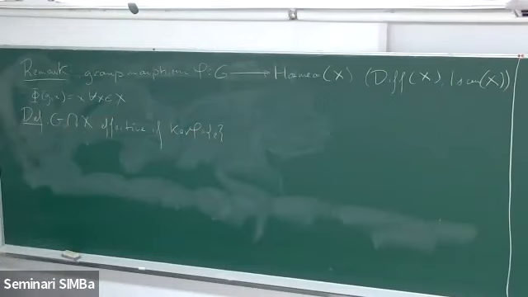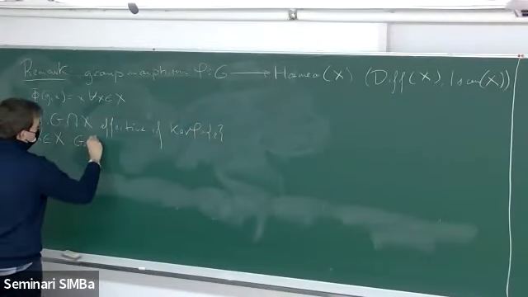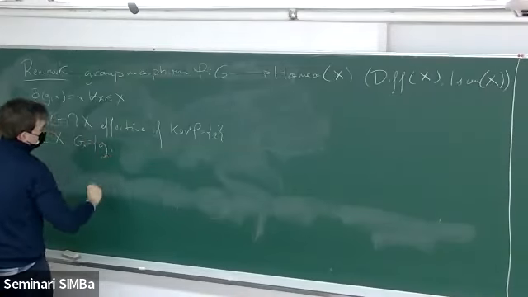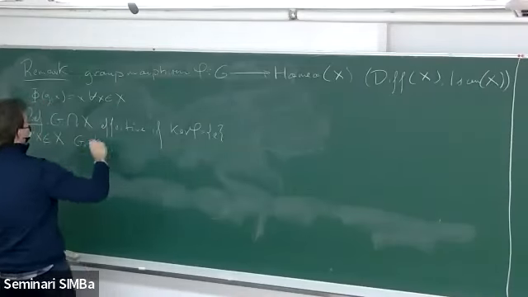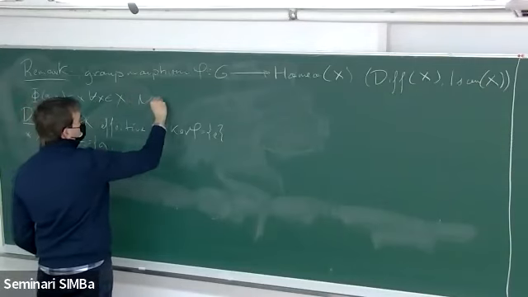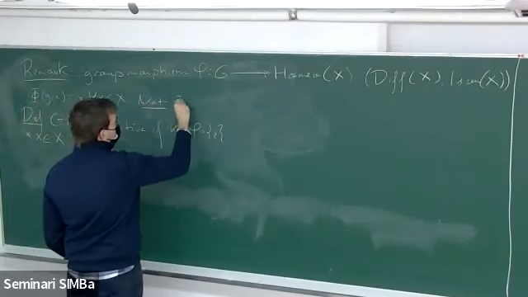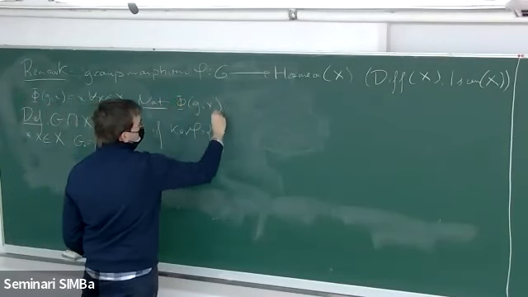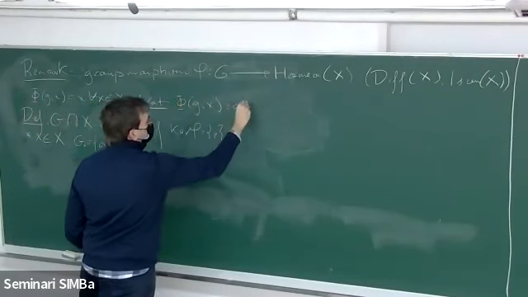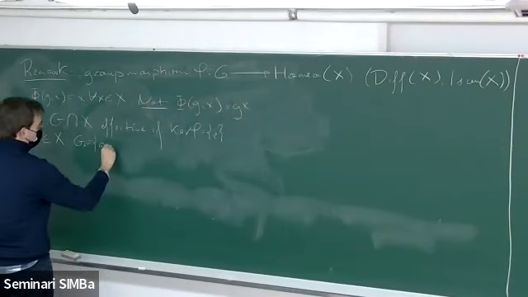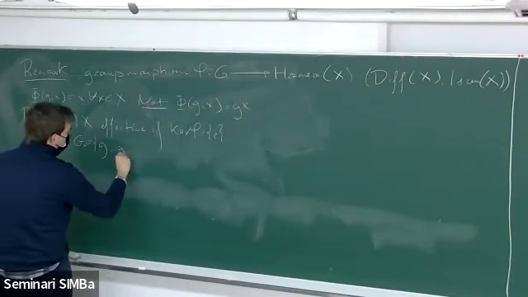And in order to study group actions, we also have two other basic concepts, which are the isotropy groups and the orbits. So we take any point x of the manifold, then we define the isotropy group with the elements of G that fix this point.